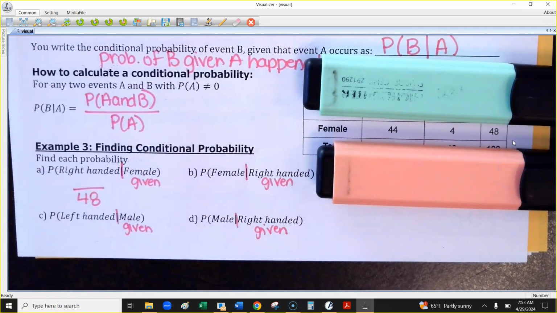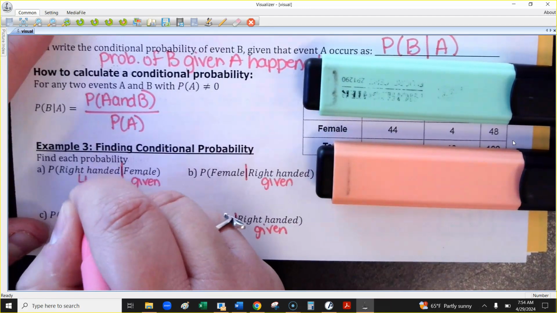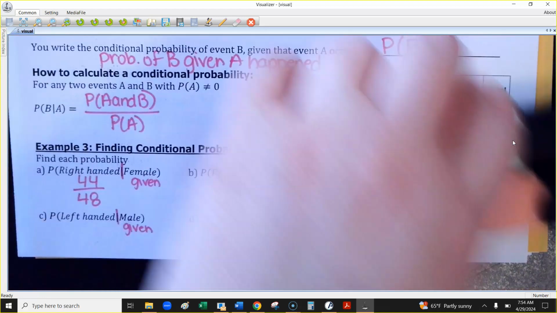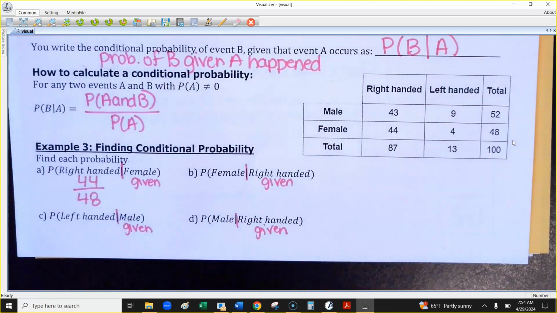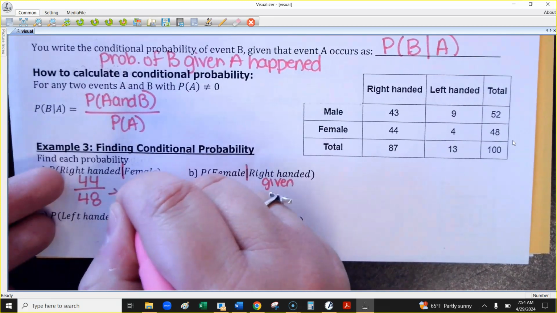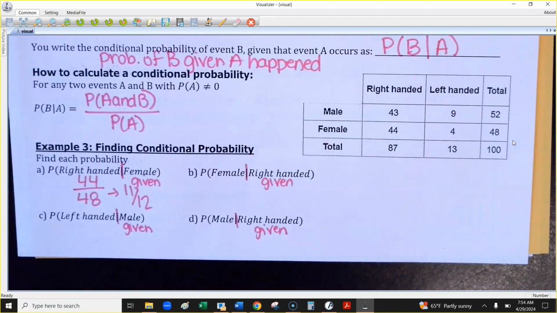So whatever is given to you, the total in that column or row, in this case a row, should be the bottom of the probability. So given that I picked a girl, the probability they're right-handed would be 44 out of 48. And then I would just reduce that real quick with my lovely calculator. So this would be 11 over 12.